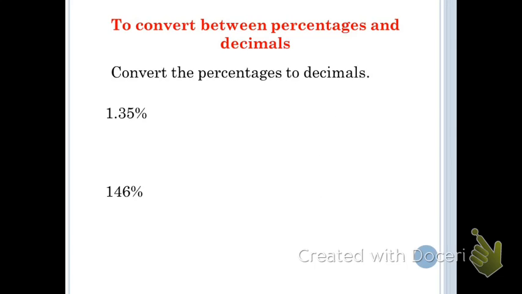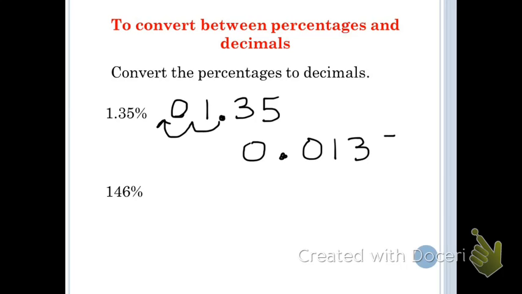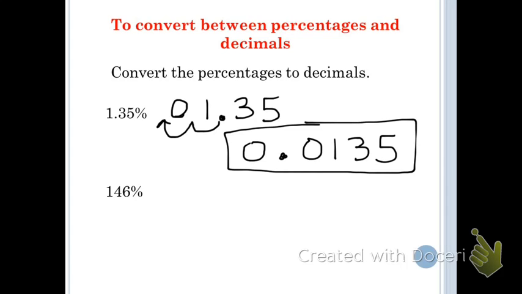Convert the percentages to decimals. 1.35%. Drop the percent sign. Move the decimal 2 to the left. We have a spot where we need to place a 0. So it becomes 0.0135. 146%.